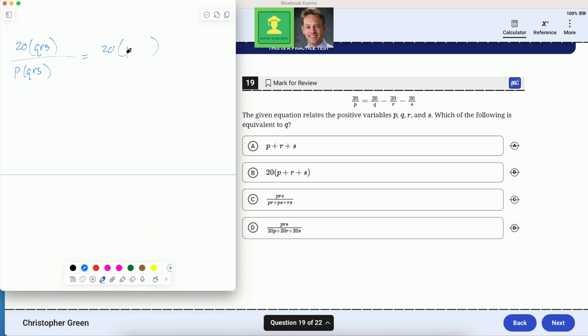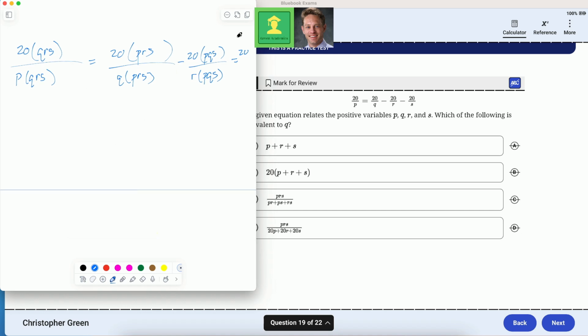So this is PRS over Q times PRS minus 20 times PQS over R times PQS equals 20 times, a little sloppy here, but I'm going to write it up here, 20 times PQR over S times PQR. Let me write that a little bit neater on the next line.